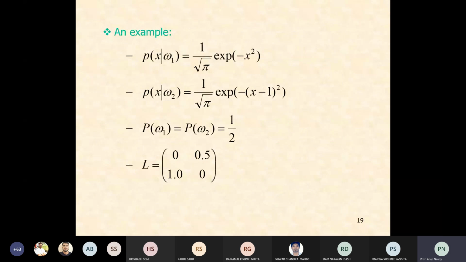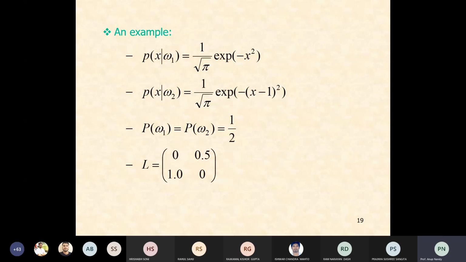Okay, here is an example. Suppose in a 2-class problem with a single feature x, the probability density functions are Gaussian with variance sigma squared equal to half for both the classes, and the mean values are 0 and 1 respectively.